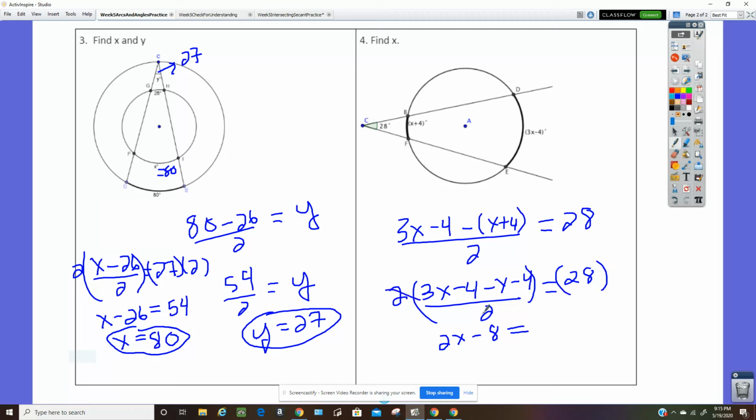All these go away. Is equal to, multiply this by 2, 56, add 8, so 64. And then x is 32.